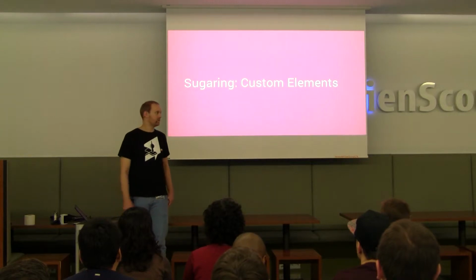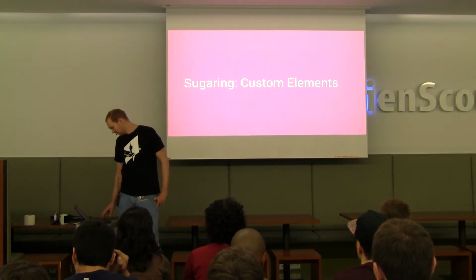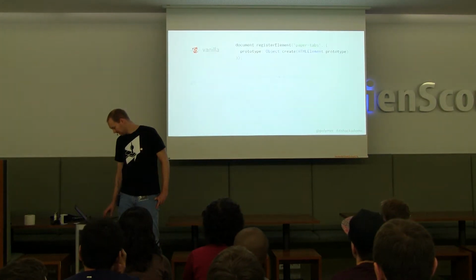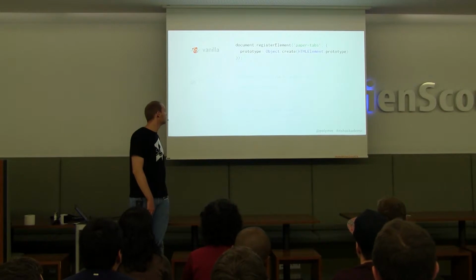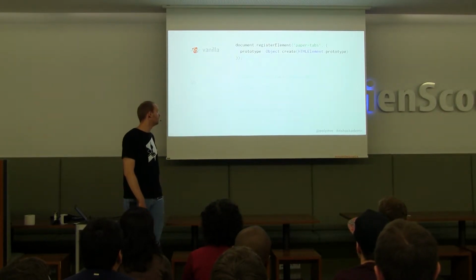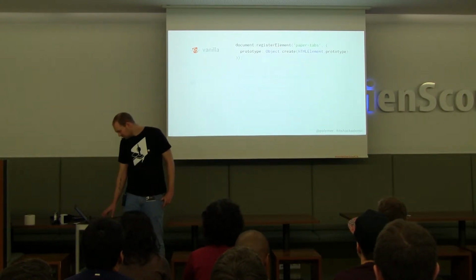But what about this sugar? We take a look at the custom element. In vanilla web components, you would use a custom element like this. You would register the element, give it a name, and do something with the prototype and so on.